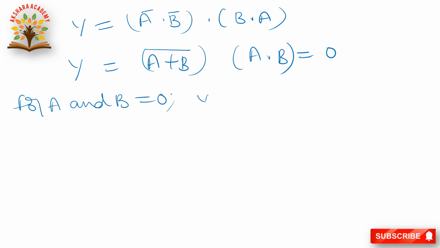Now substituting 0 and 0 in place of A and B: 0̄ + 0̄, which is 1, dot 0, that is 0.